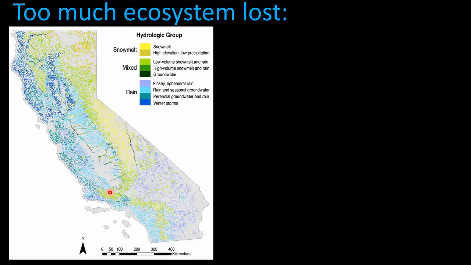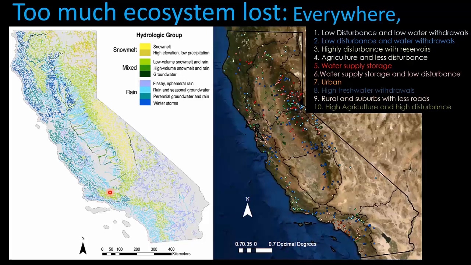What I do want to mention is that, out of those, now we know that in different stream flow gauges, we have low disturbance with some water withdrawals in these areas. We have gauges with high disturbance with reservoirs, agriculture, and less disturbance, water supply and storage. We have problems with urban.